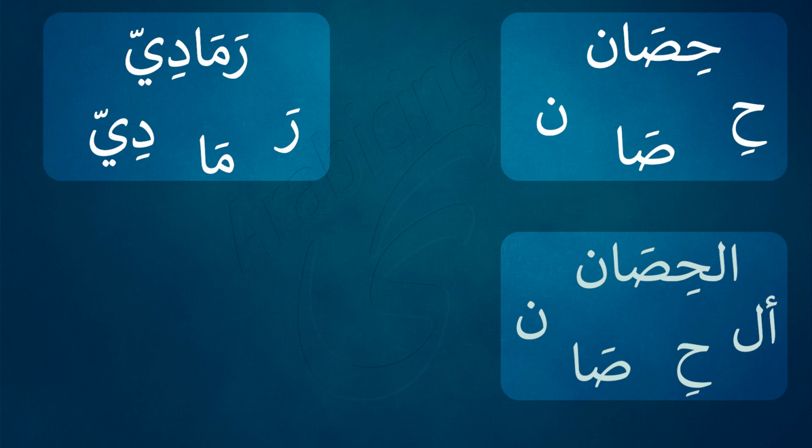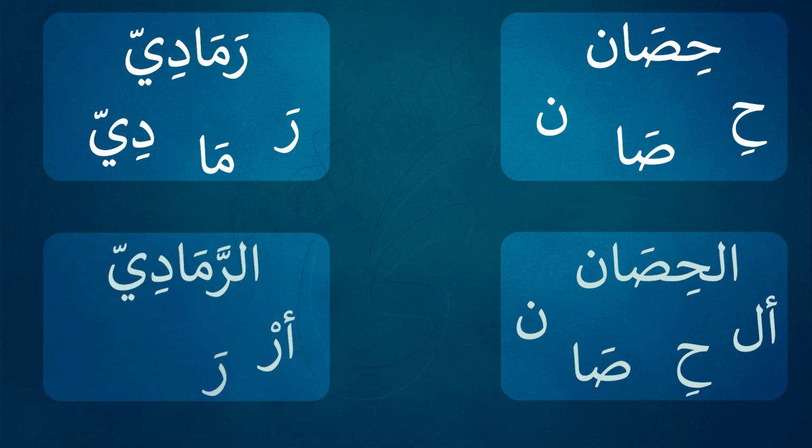So we added only الـ and حصان stayed as it is. الرمادي. We added only a and we repeated the first letter. را. الرمادي. While the letter la is disappeared. ra, ma, di.